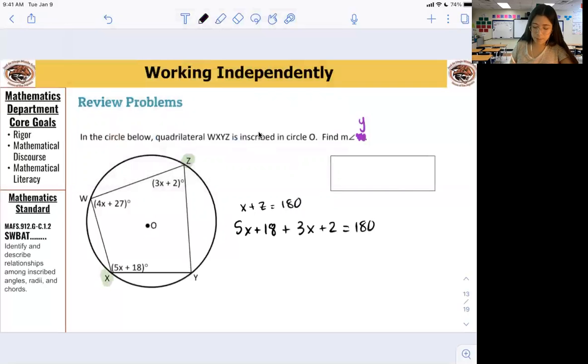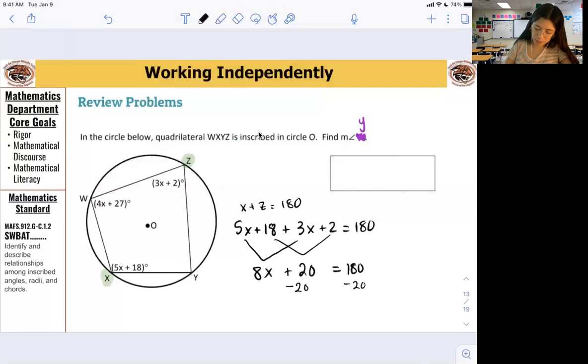One of those 6 people, again, I want to hear from those who did not answer me. What do I get when I combine like terms? 8x plus 20 equals 180. What do I do to both sides? Good. Subtract 20.